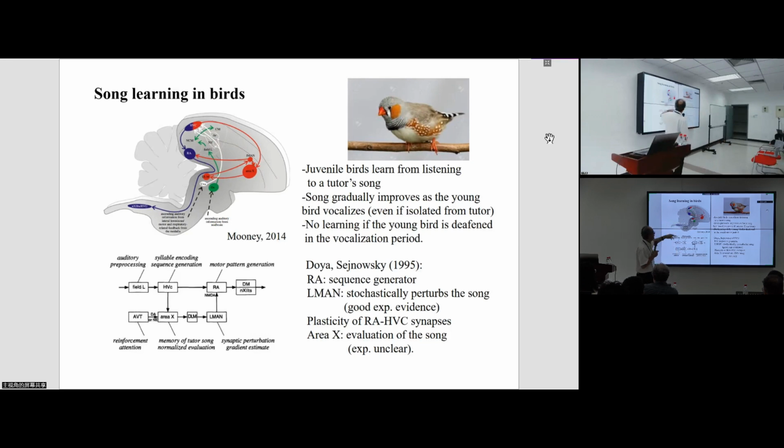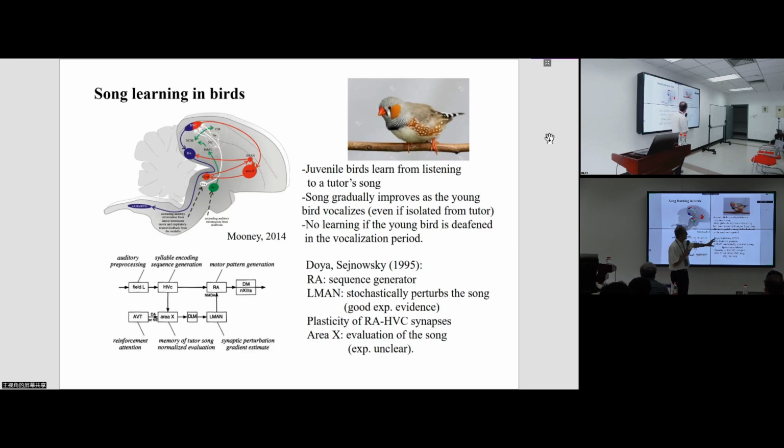This is the production part, and here there is a perturbation on this area, and the bird uses this perturbation to improve its song.